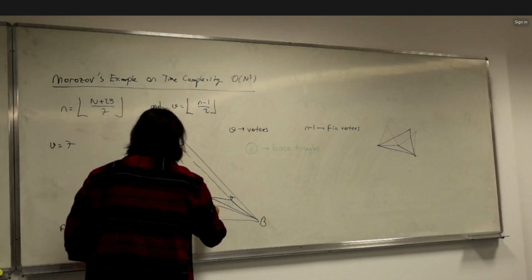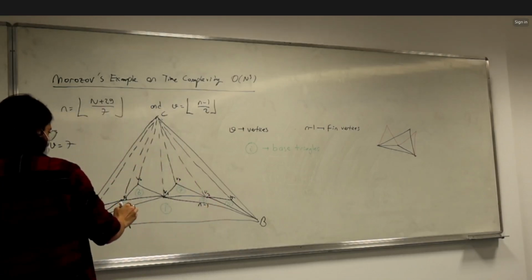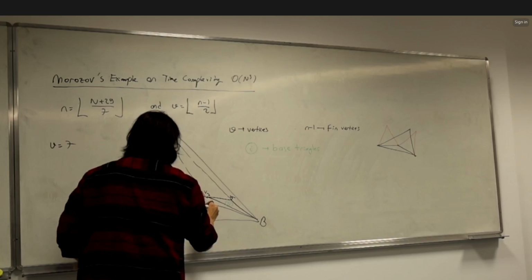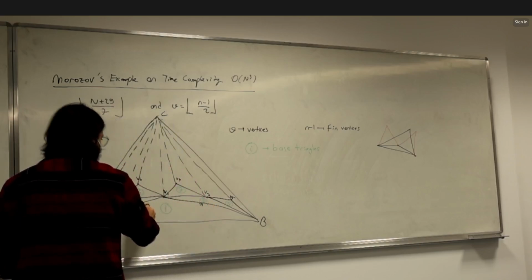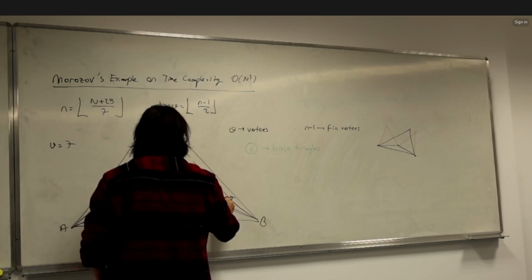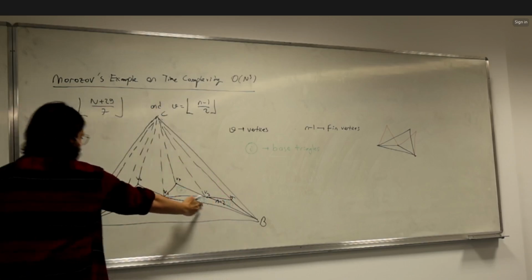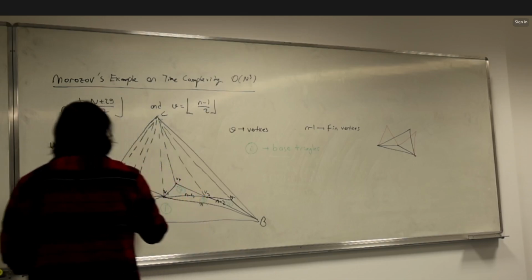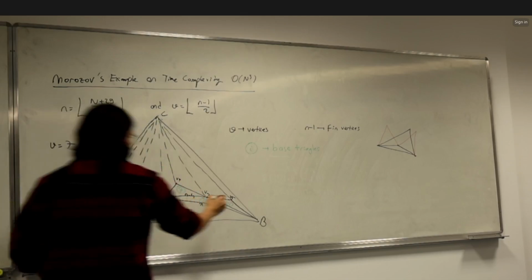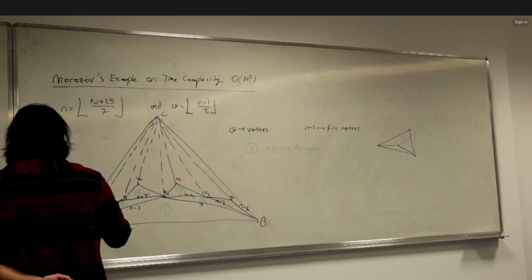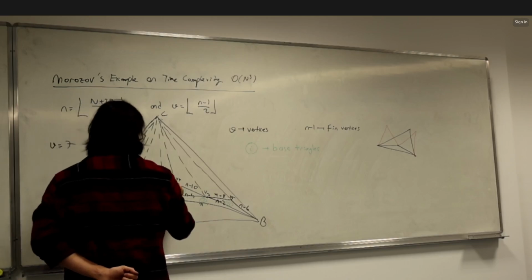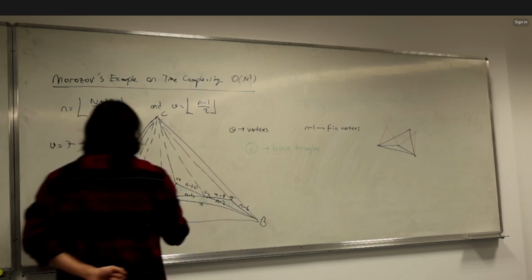This is the n-1 edge, this is the n-2 edge, again going right, left, in that kind of fashion: n-3, n-4, n-5, n-6, and so on down to n-13.